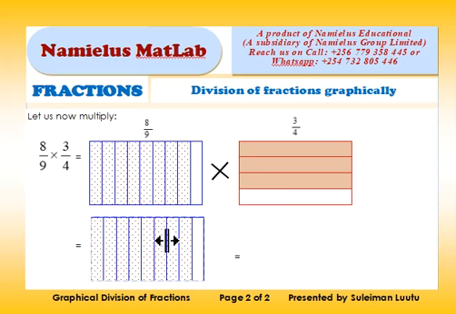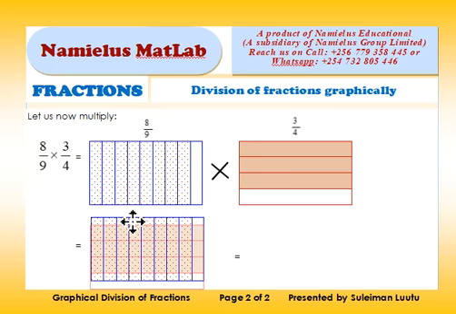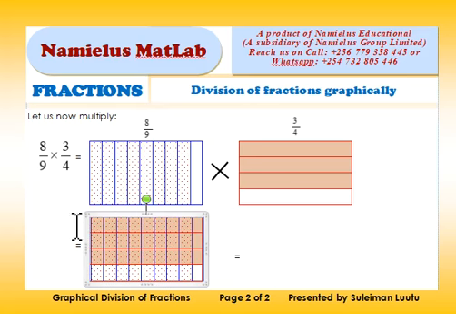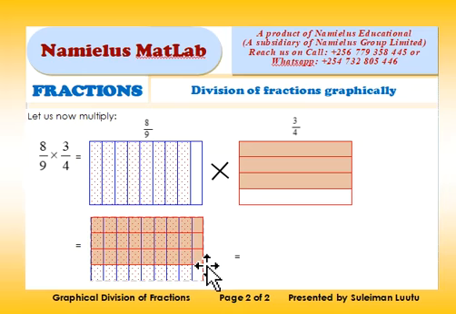Now this is the 8 out of 9, so let's overlap it with the 3 out of 4. This is how it comes. Now we are going to have the double shading counted.